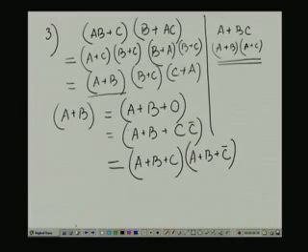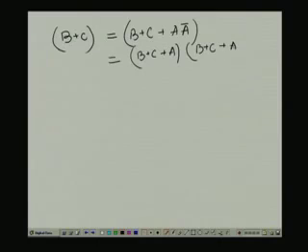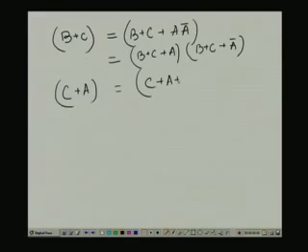In a similar way, B + C becomes (B + C), as here A is absent. So I can introduce A in the similar way, with A·A bar equal to 0, and this becomes (B + C + A)(B + C + A bar). Similarly, my C + A becomes (C + A + B)(C + A + B bar).